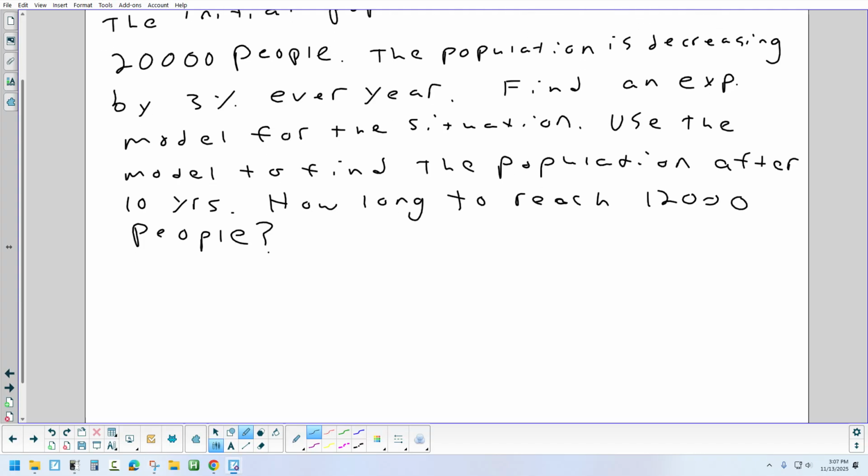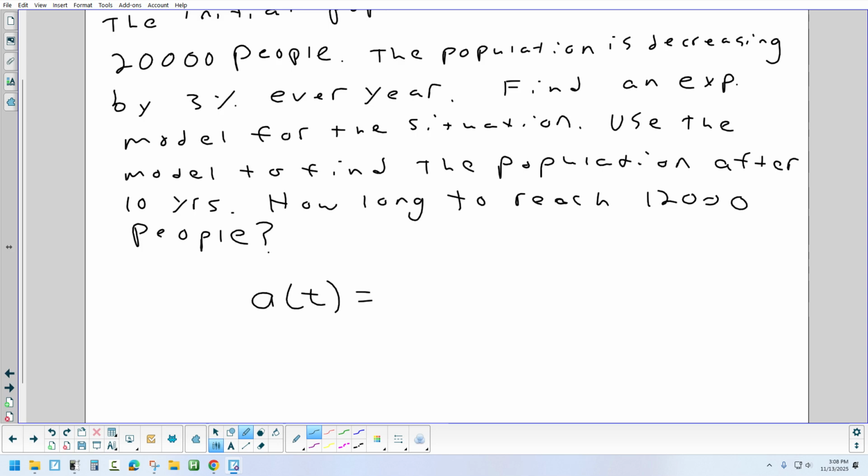All right, so we've got an amount of people, and the amount of people will be a function of how much time has passed. When you do an exponential decay model, what's the first thing you write down after the equal sign? The starting amount.